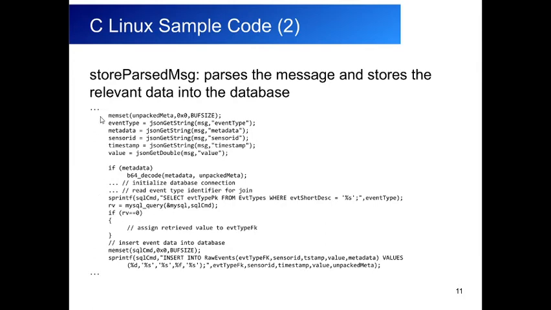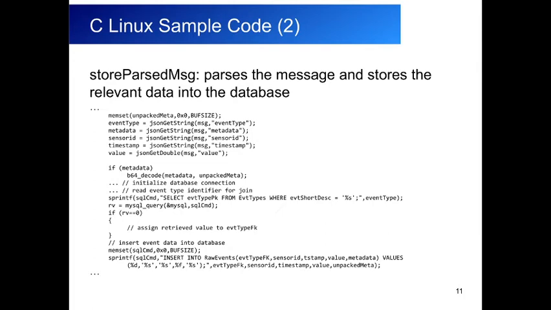Then everything is assigned to a variable, and if the metadata is present, we must unpack it because it's packed again in base64, and so we put it into an unpacked metadata. And so we can select from the database the event type.